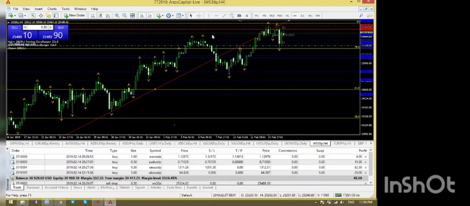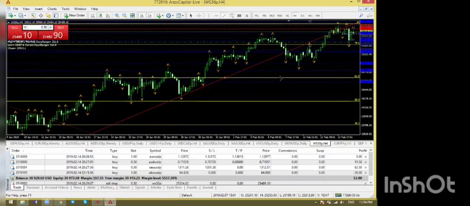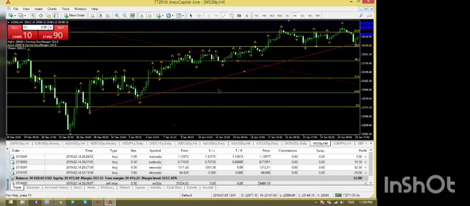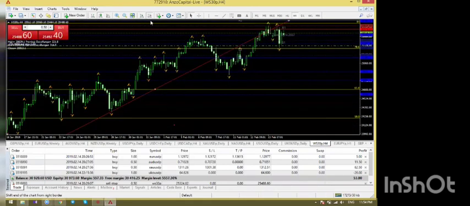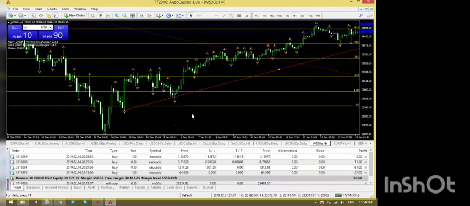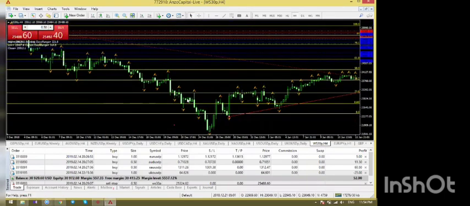If the trend line has changed, if the trend has changed, okay, so for example, the trend has changed in here.